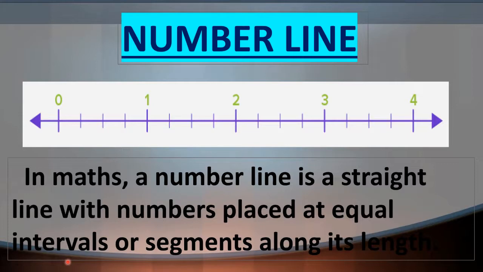A number line can be extended infinitely in any direction, and we usually represent it horizontally. The numbers on the number line increase as we move from left to right and decrease moving from right to left.